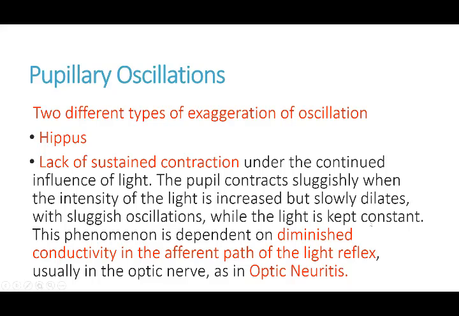Now you are not varying the light, but the pupil is varying. This phenomenon is dependent on diminished conductivity in the afferent path of the light reflex. So we talked about the afferent from the retina to either the pretectal area or the lateral geniculate body. Okay, and usually in the optic nerve, as in optic neuritis, inflammation of the optic nerve.